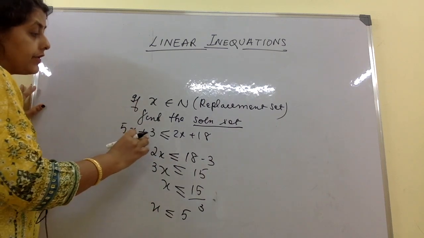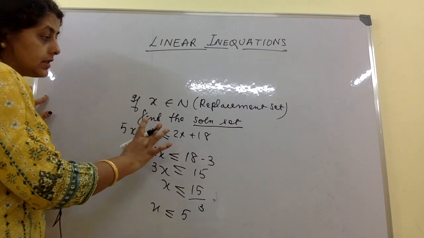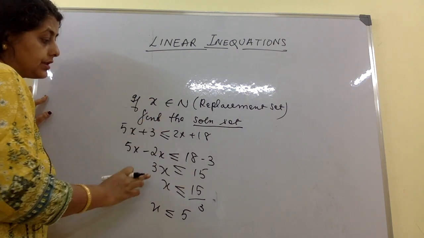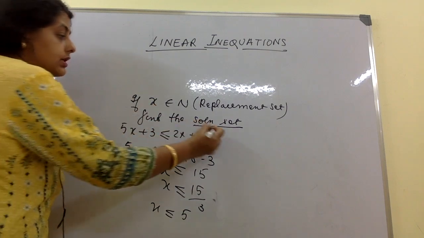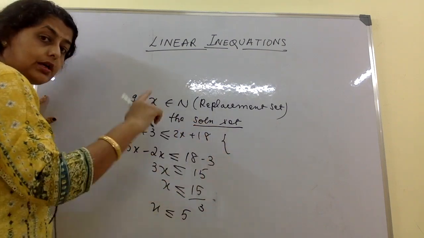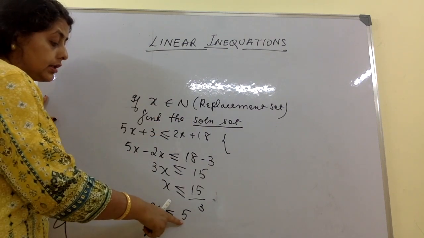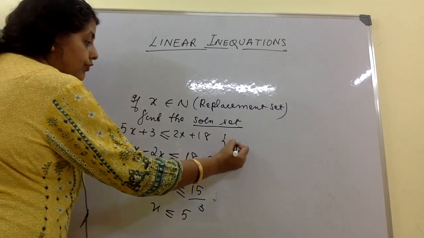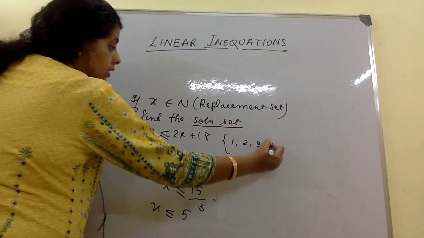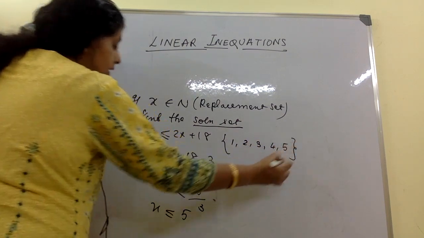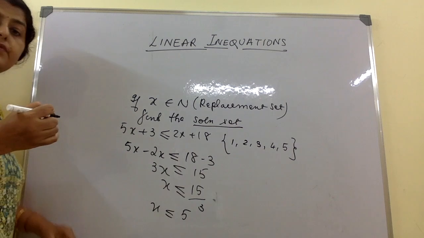Here I have x less than or equal to 5. Now I need the solution set. What is the solution set? Now x belongs to natural numbers, so the solution set is, and you have to give your answer like this, curly bracket, not regular bracket, and then you write 1, 2, 3, 4 and 5.